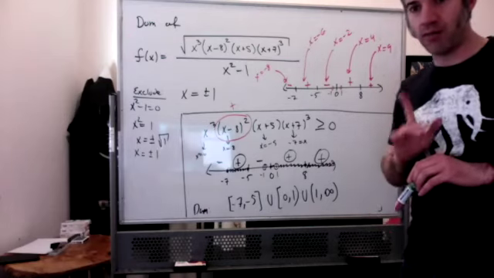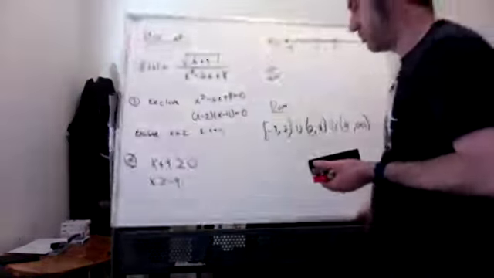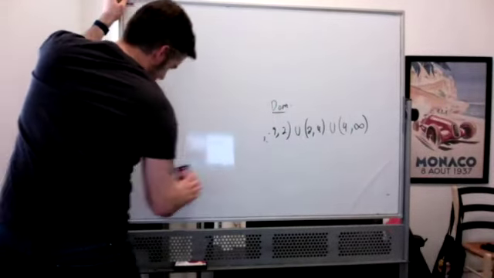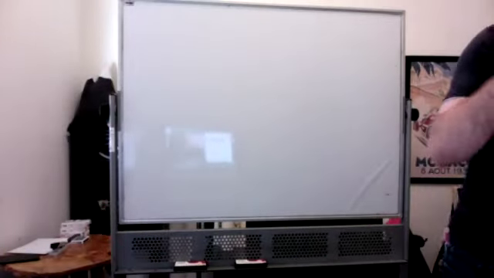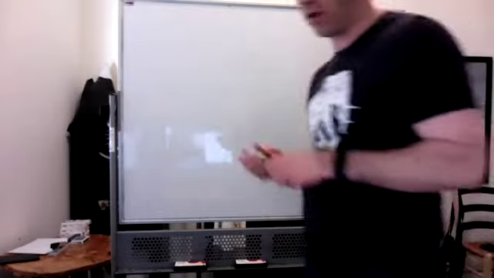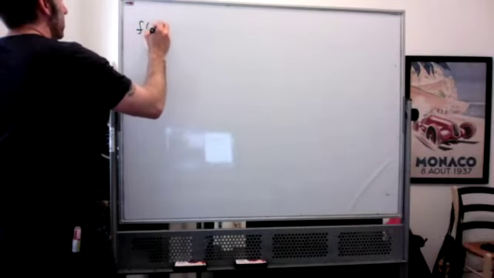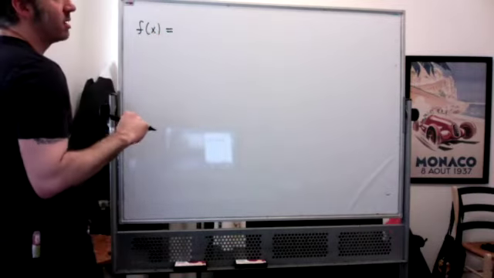Let's do one more. And then we'll graph some rational functions. Let's say, where did my pen go? Sorry, I've got like one good pen. So let's say our function f of x is equal to, let's see what kind of thing can I make up here.